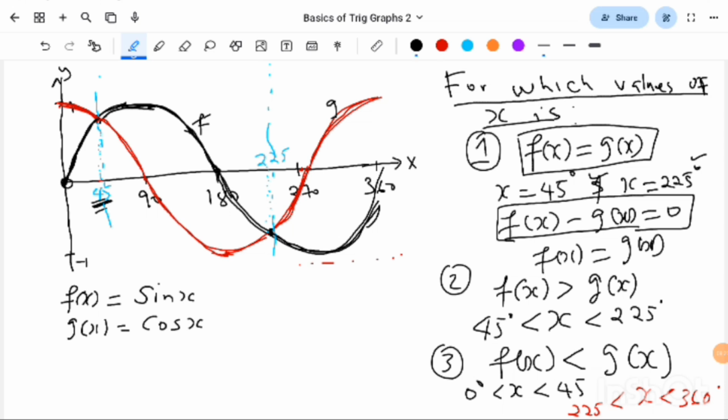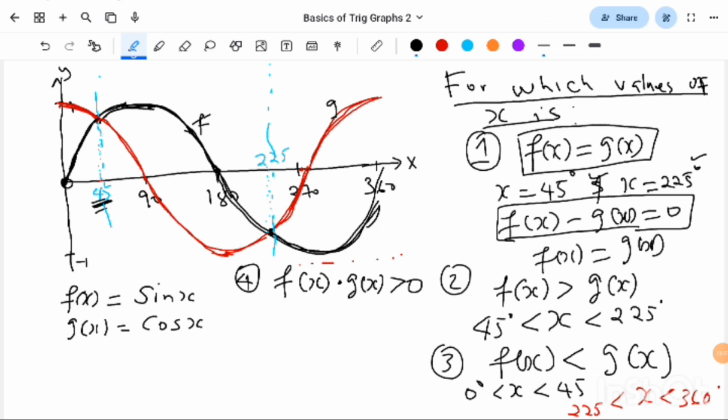Now let's look at the last one. The last one will then be, for which values of x is f of x times g of x greater than 0? What are they asking us here? They're saying, where in your graph are the two graphs positive, or are the two graphs negative?